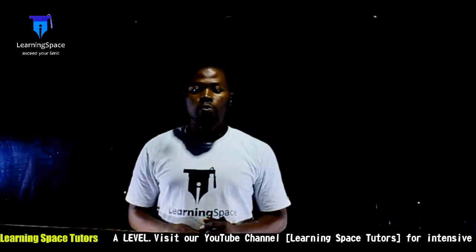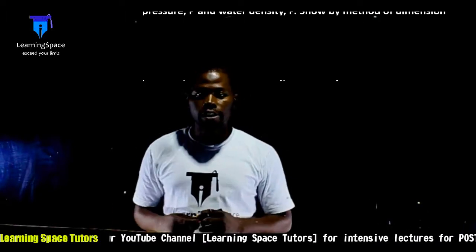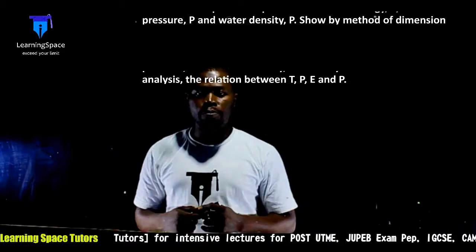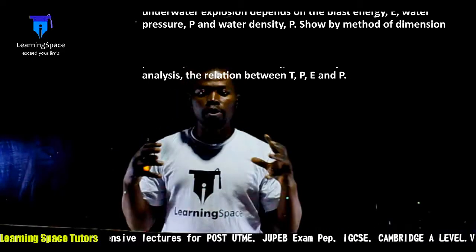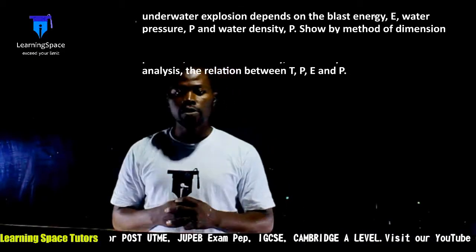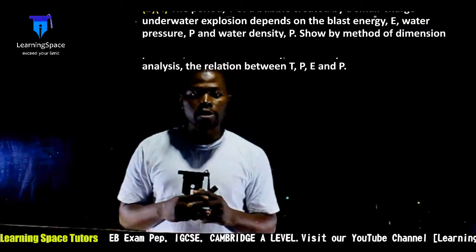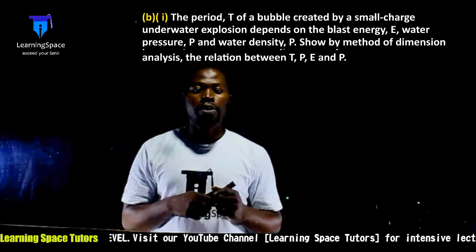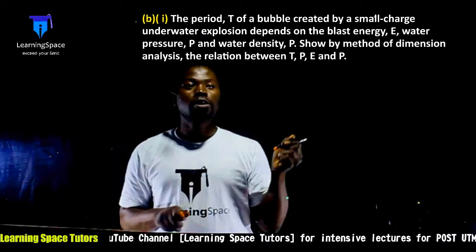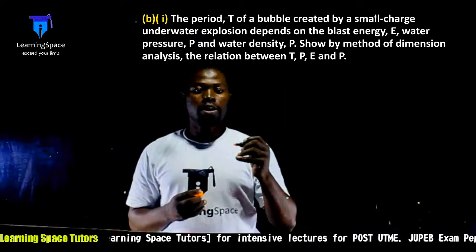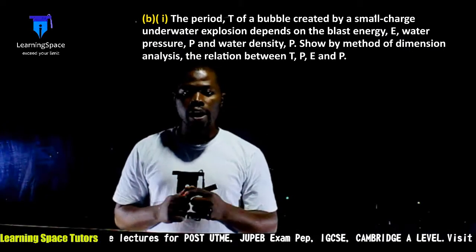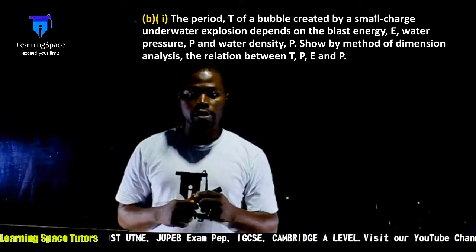Question 1BI states that the period T of a bubble created by a small charge underwater explosion depends on the blast energy. So we have the period T depends on the blast energy E, the water pressure P, and water density rho.